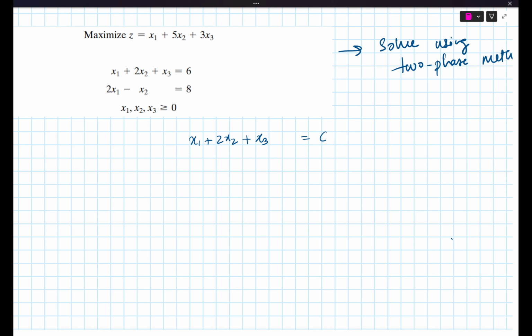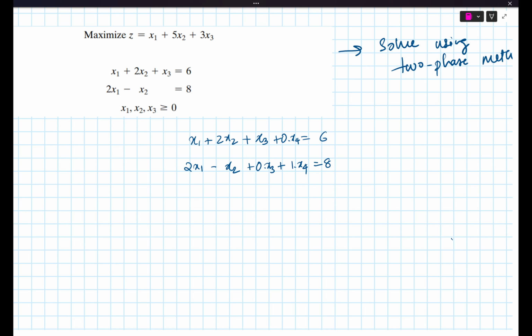We may not need an artificial variable in the first constraint, but we can add one here. 0x3 plus x4 equal to 8. Okay, and now here is 0x4.